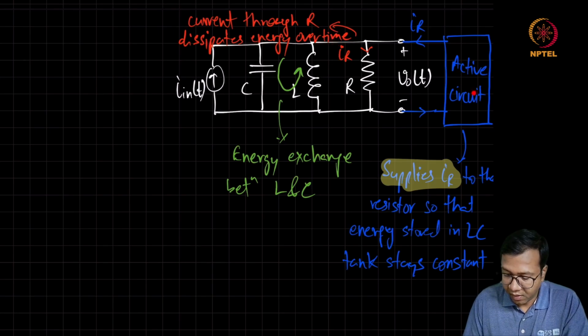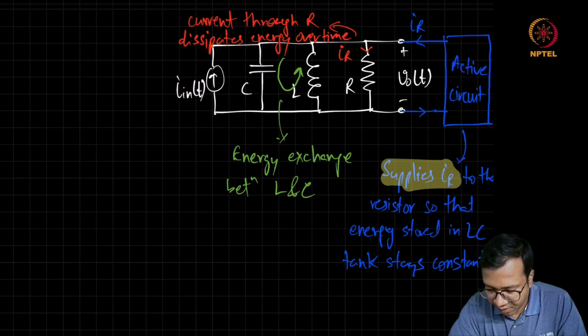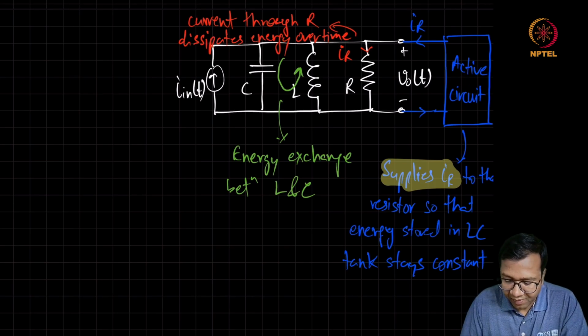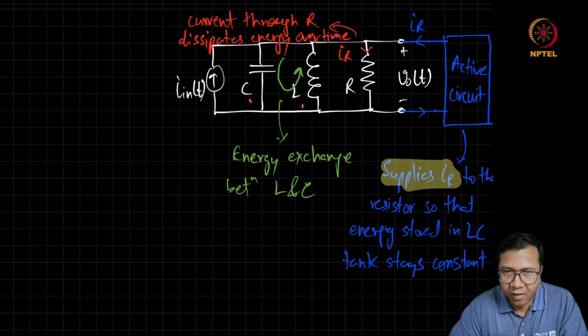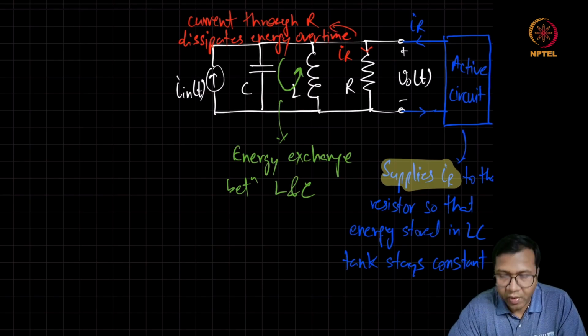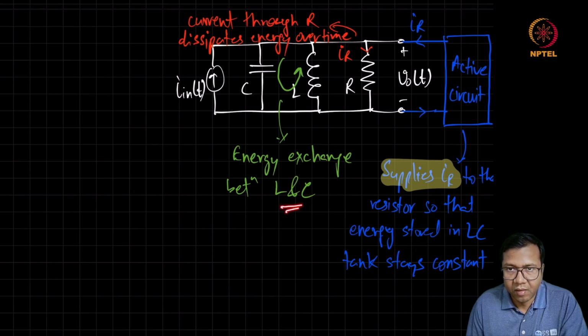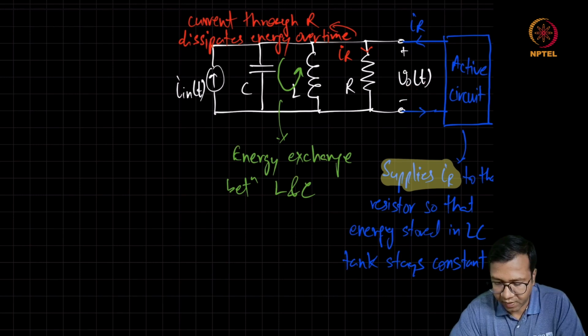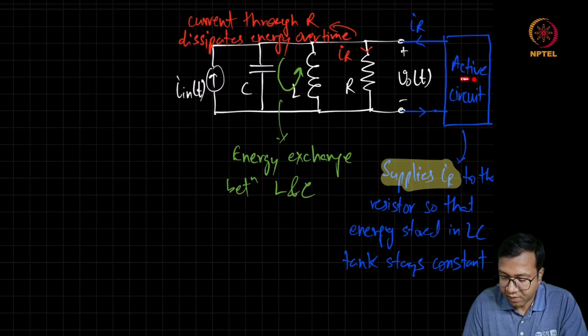And if we can design such an active circuit, then once the LC tank has been stimulated with some initial energy, it is going to maintain this energy forever, and we are going to get a sustained oscillatory output as long as this active circuit is exactly compensating the current which is flowing in the resistor.